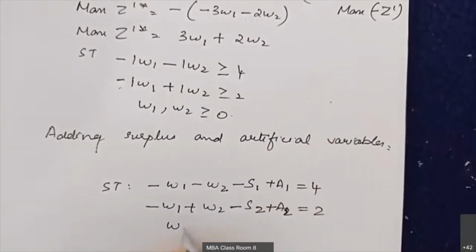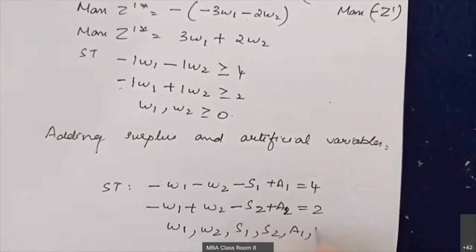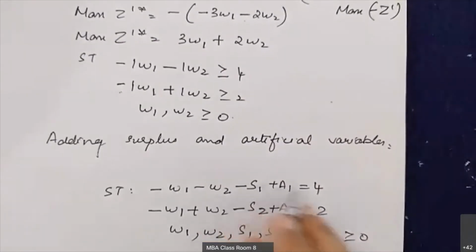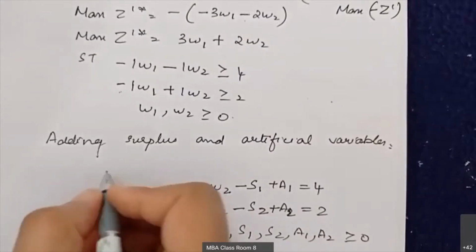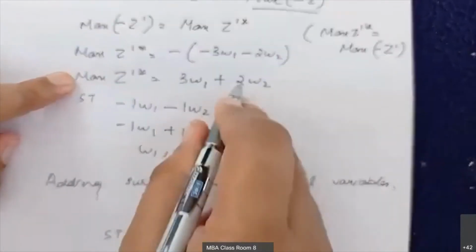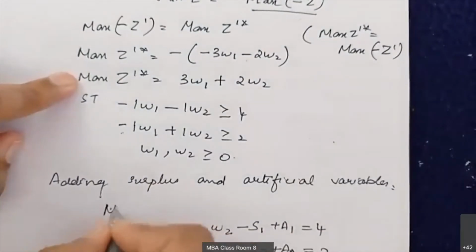Okay. Now we have the non-negativity constraint: W1, W2, S1, S2, A1, A2 all are greater than or equal to 0. Then we have to introduce all these new variables into the objective function.